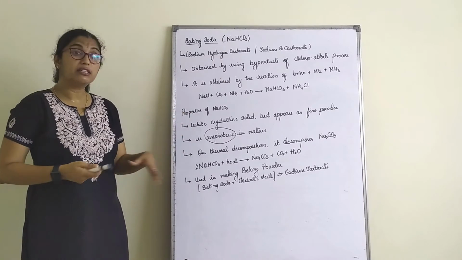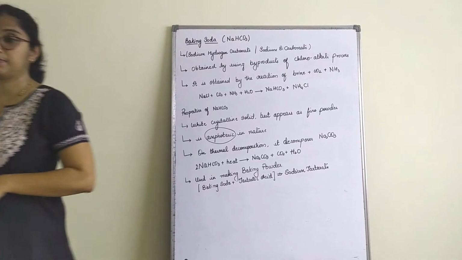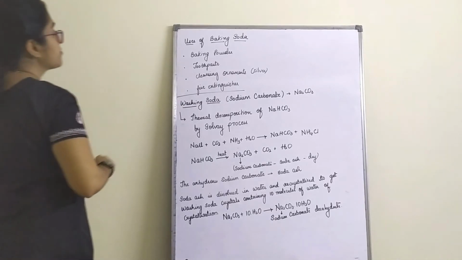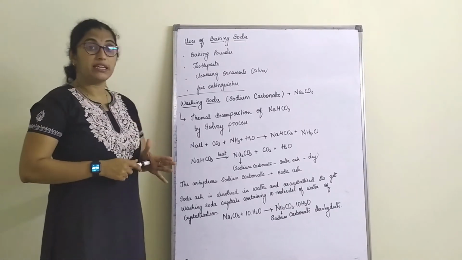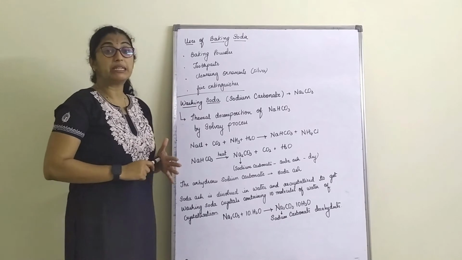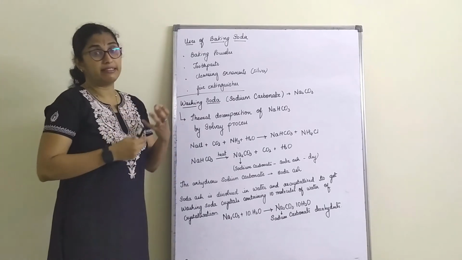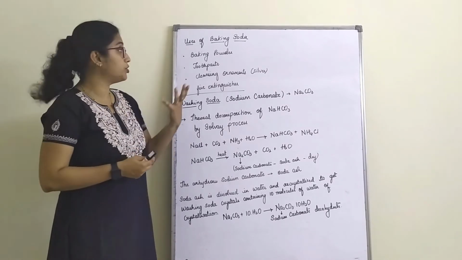Now, what are the other uses of baking soda? Let's just see. Uses of baking soda. Baking soda is used in making baking powder. It is used in making toothpaste so that it can remove all the bacteria or the plaque which is present and gives a shine to your teeth.